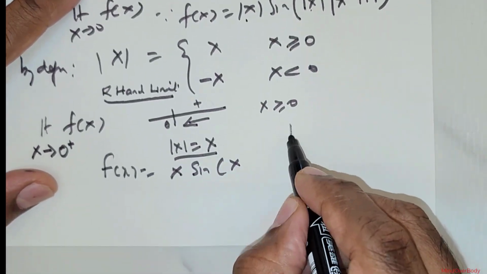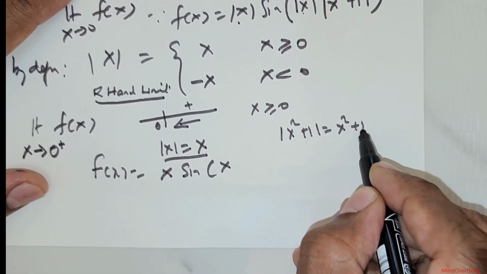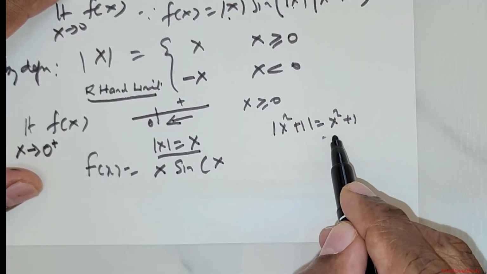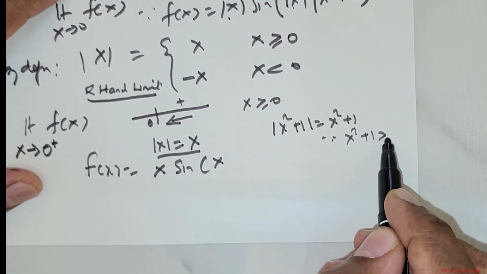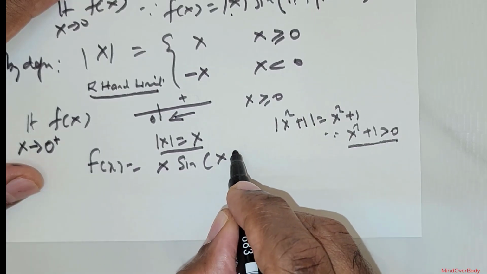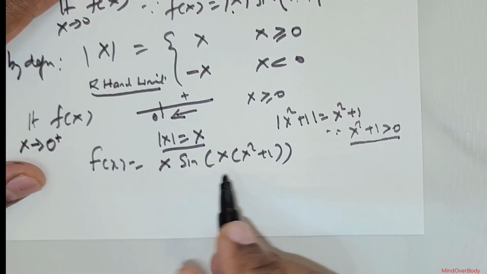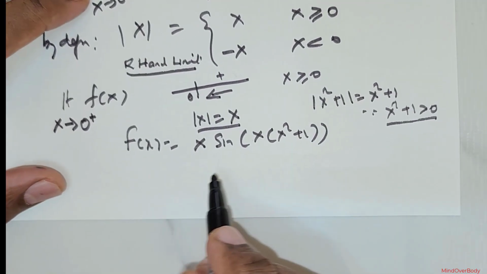Now over here, modulus of x squared plus 1 is going to be x squared plus 1. Why? Because x squared plus 1 is always going to be greater than 0. So this is what we have the function defined.